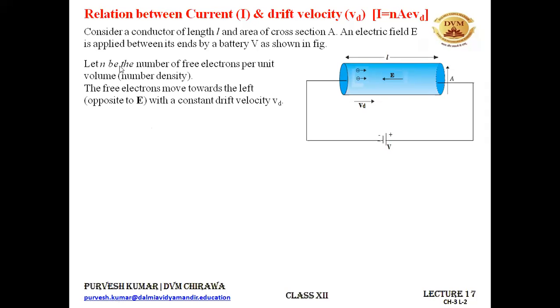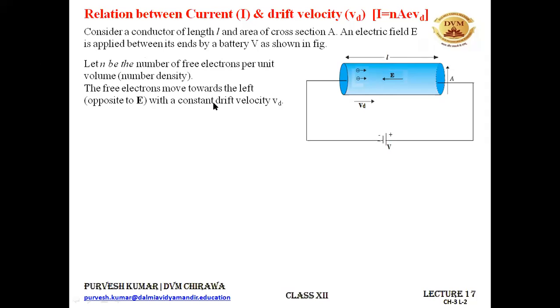Let small n be the number of electrons per unit volume, that is the number density. Capital N be the total number of electrons, and small n be the number density of the electrons. I've told you about this number density. The small n is equal to capital N divided by V, that is, the total number of electrons divided by the volume of the conductor.